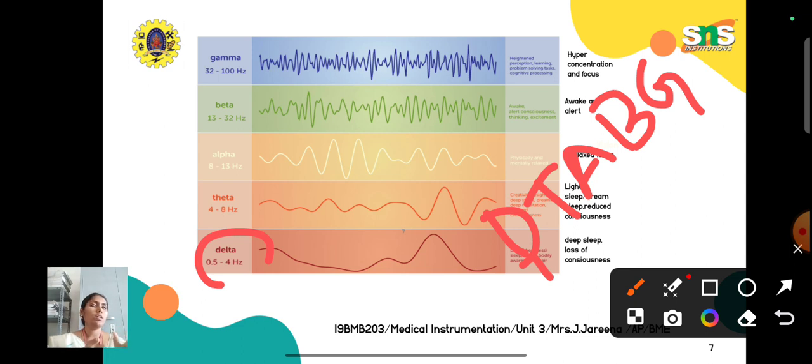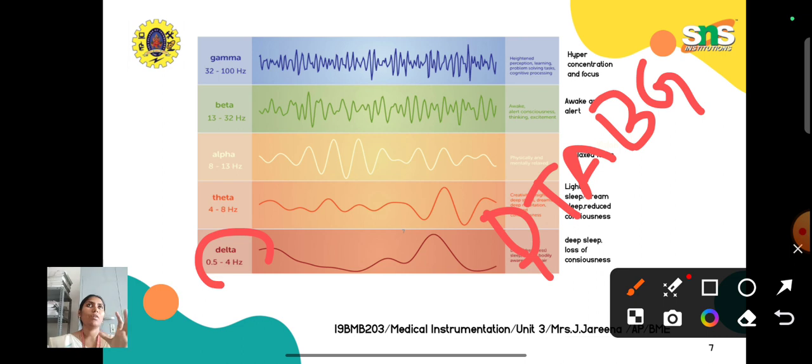In short, to remember this beta type of waveform, you can easily think of awake or alert. That is the functionality of this waveform. Next one is gamma. This is hyper concentration and focus.